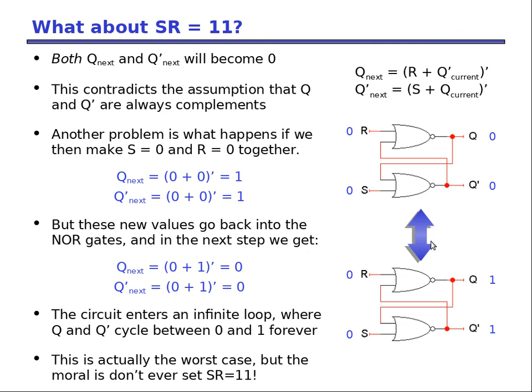But if these values go back to the Q not back to its own circuit because it's being fed back, then 0 or 1, nodding that is 0, same thing with the other one, and puts them back to 0. Hopefully you can see it's now going to flip and flop back and forth between 0, 0 and 1, 1, which is completely useless. Don't ever do that. But if you do get to that point in your simulator, you're only going to be sad. So that's what happens when you try and 1, 1 it.